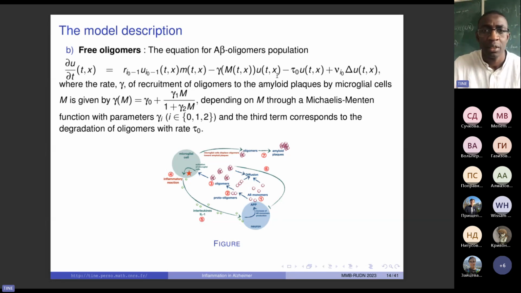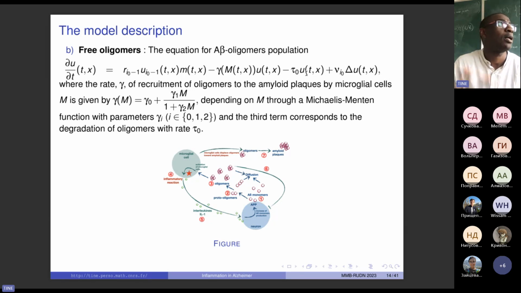So this is the displacement term with the rate gamma. Gamma is the rate of recruitment, and this rate of recruitment, of course, depends on microglia cells. That's why here we have gamma depending on M. And the dependence of gamma on M is just through a Michaelis-Menten function, right? So this is the loss term.